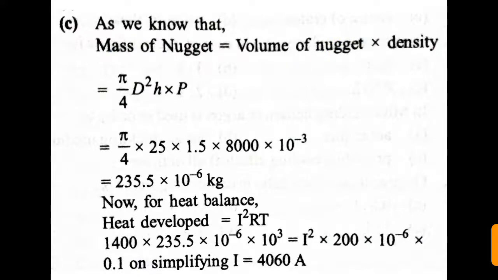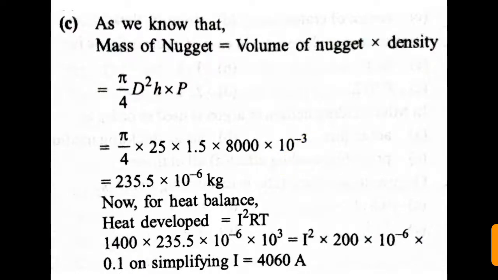Here the value of d is 5 and the height is 1.5, and the density is 8000. So we can calculate the mass of nugget as 235.5 into 10 power minus 6 kg.